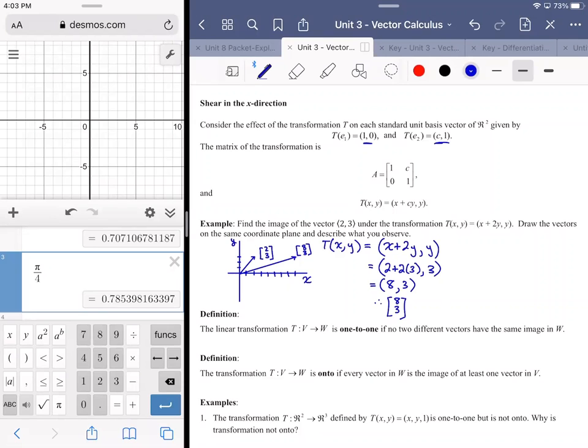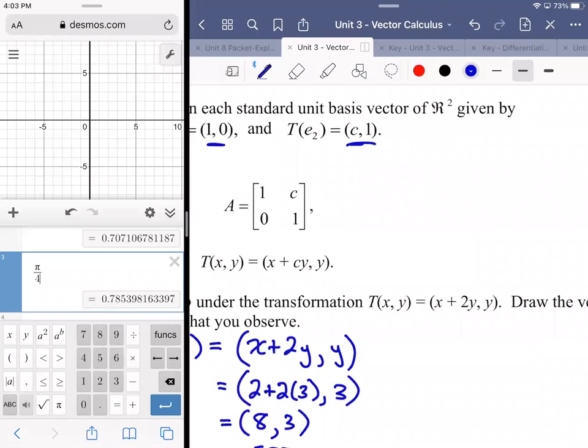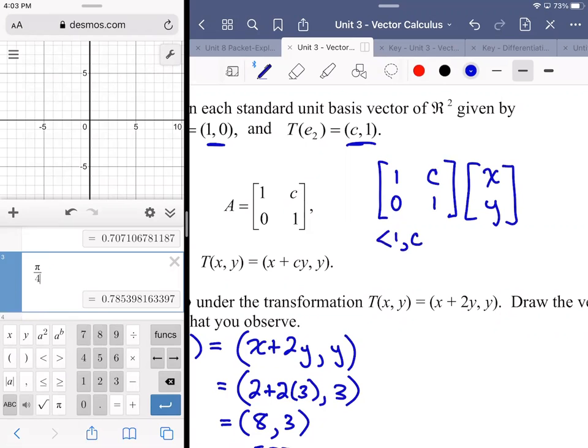All right. But what we can also do is verify that this actually works by the process. So if we take 1, 0, c, 1 and multiply it by some vector (x, y), we're dotting the (1, c) against the (x, y). So 1 times x is x, c times y is cy.